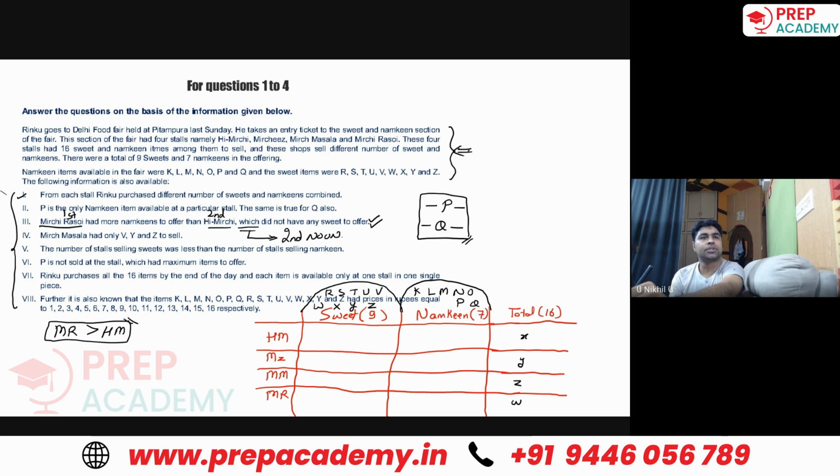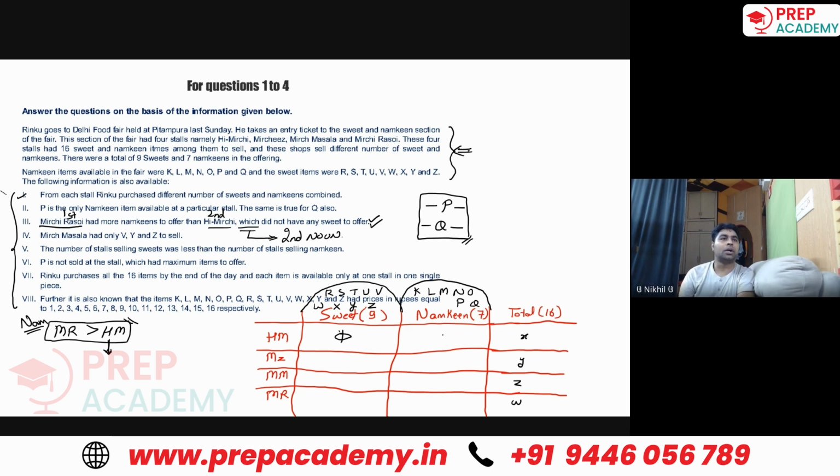So this first part is being said about the namkeen items, but HM, the second noun, does not have any sweet to offer. Nothing. You can use epsilon here, which means a null set.